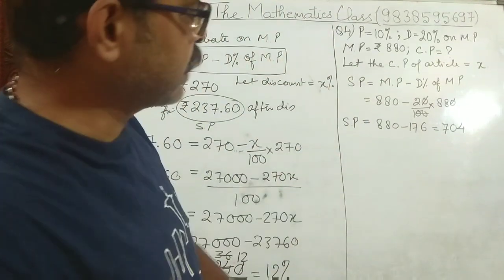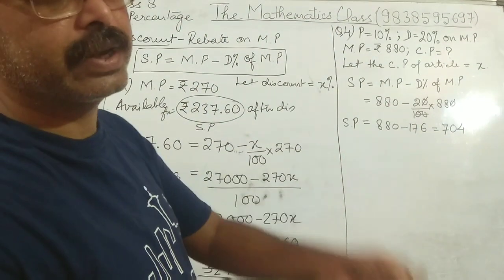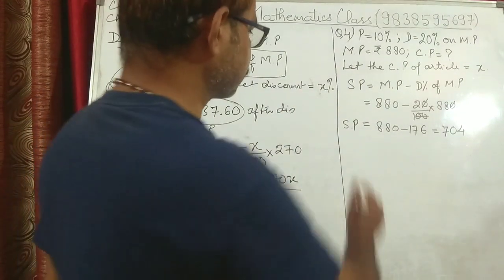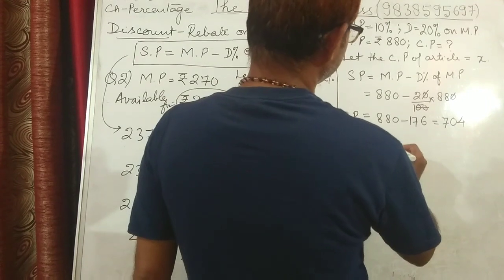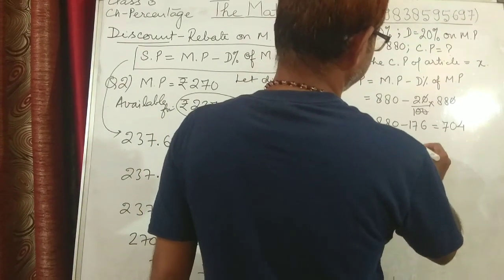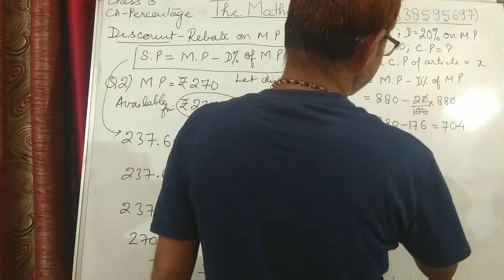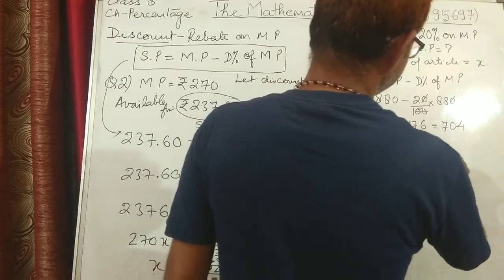Now with the help of the selling price and profit percent, we can calculate the cost price, because we know selling price is equal to 100 plus profit percent upon 100 into cost price.